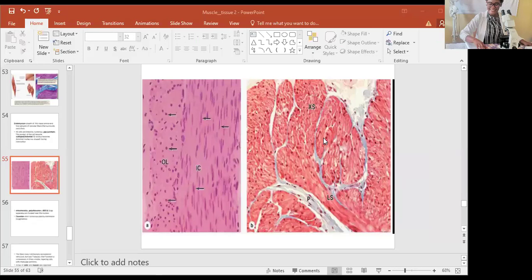So what we're saying is, if you get this duodenum and cut it in the transverse section, you are going to see two layers, the circularly oriented layer and the longitudinally oriented layer.